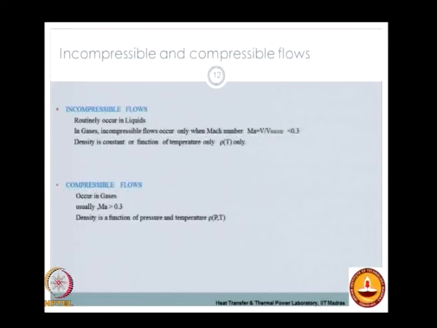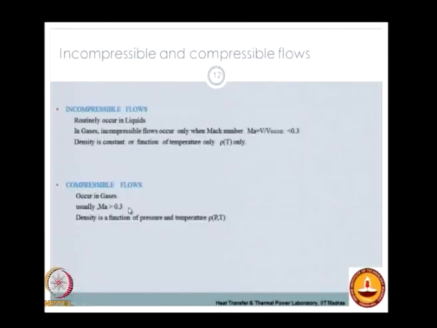You can also classify convective heat transfer based on whether you are looking at incompressible or compressible flows. If you are looking at liquids, and also at low Mach numbers, primarily less than 0.3, then you can assume that density is practically constant, or a function of temperature only.